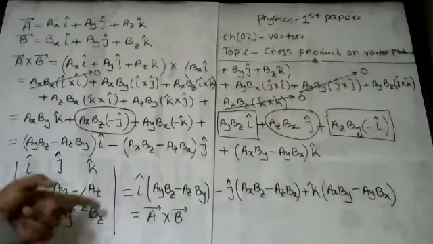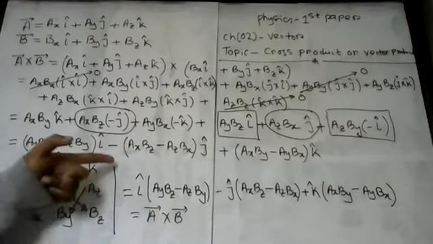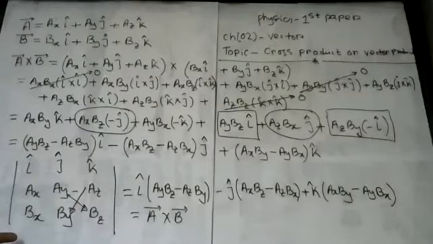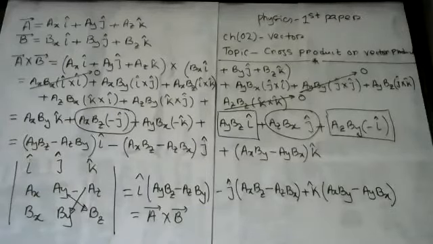This is the output of a cross b. If you want to find the output of a cross b, this equation can give it to you.